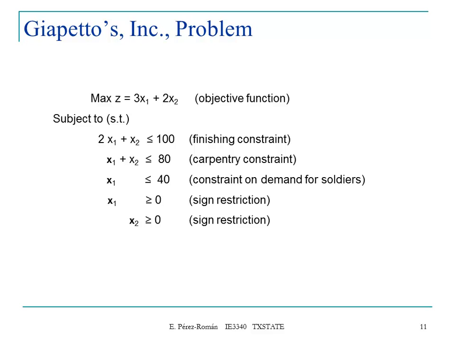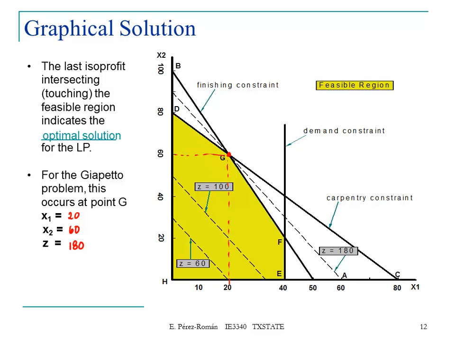Then we solved this problem using the graphical method. If you remember, we used the graphical method, so we plot the constraints, and we were able to identify the feasible region.